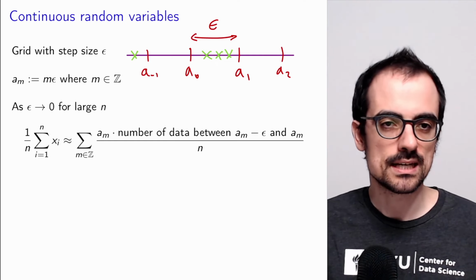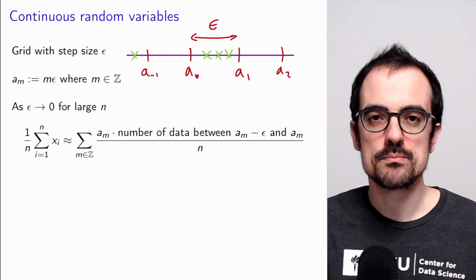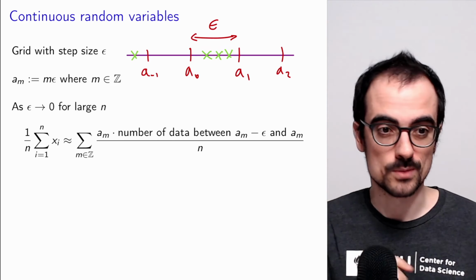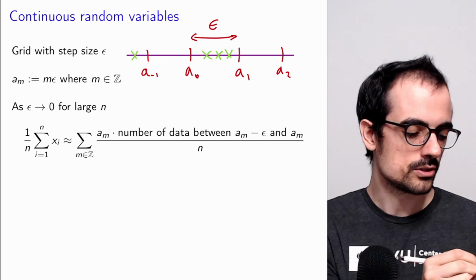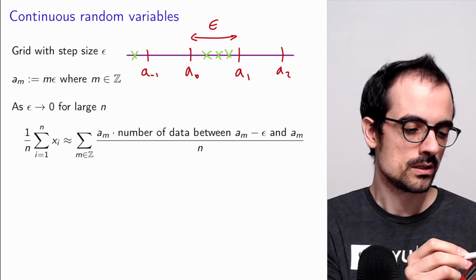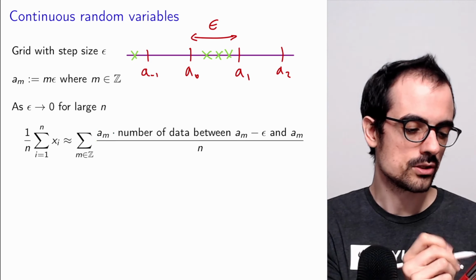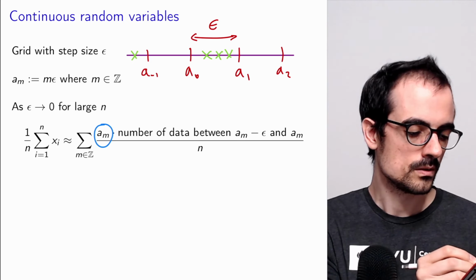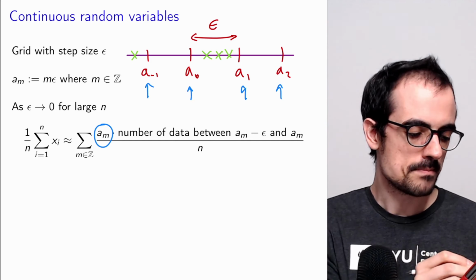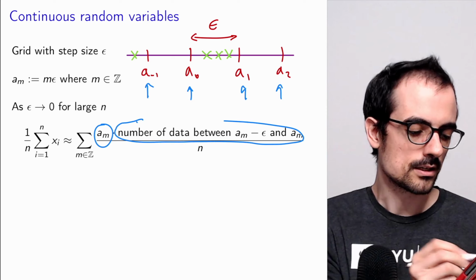Now what we say is that the sum of the green points can be expressed in the following way, approximately, if epsilon is very small. We're going to take the values on the grid, and we're going to multiply them by the number of data points that are close to them.